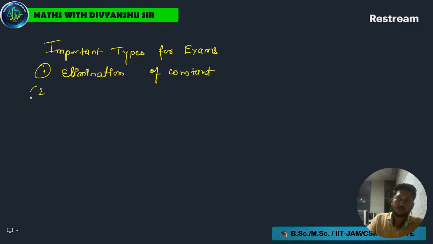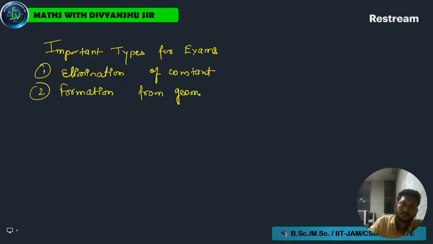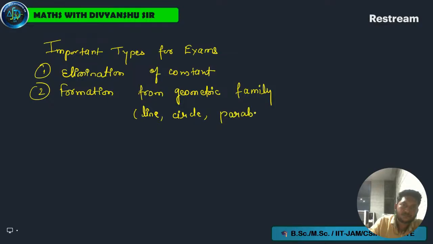Second one is formation from geometric family like line, circle, parabola, and then ellipse.